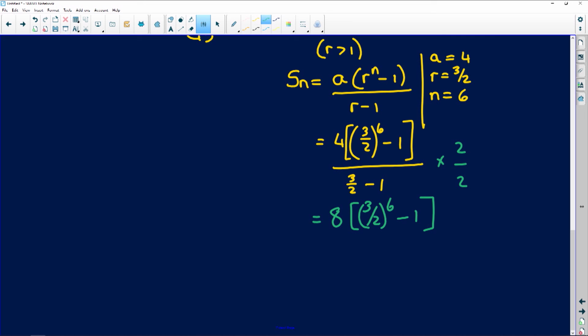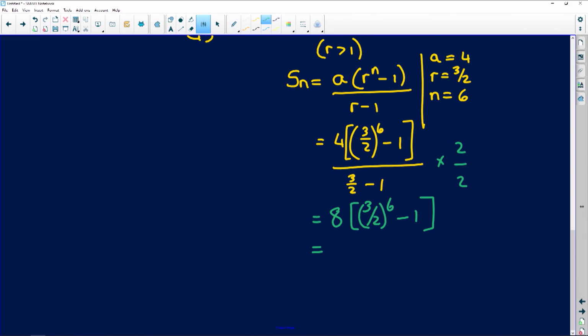This becomes 3 because the 2's cancel. 3 minus 2 is 1. So there's my answer. All you need to do now is take out your calculator, work out what 3/2 to the 6 is, subtract 1 from it, and times that answer with an 8. Okay, so the answer, if you calculate it with your calculator, is 665/8. And that is the sum to 6 terms of this geometric sequence that they gave us.